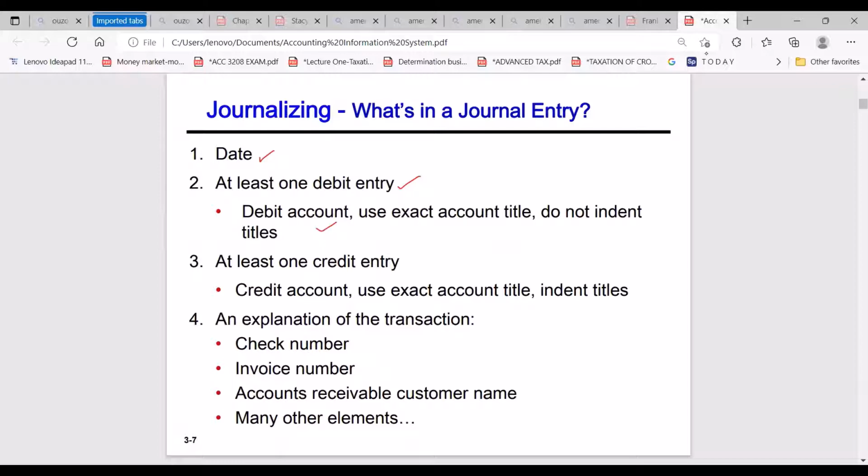We'll understand that. Then at least one credit entry also needs to be there. Then an explanation of the transaction, like the check number, the invoice number, accounts receivable, the name of the customer, and sometimes any other element that may need to be indicated.